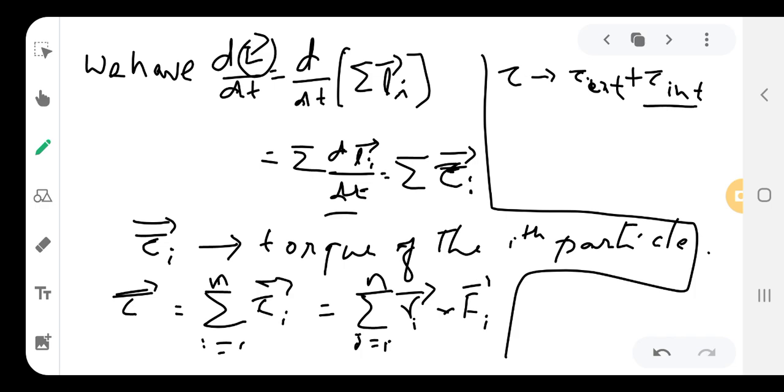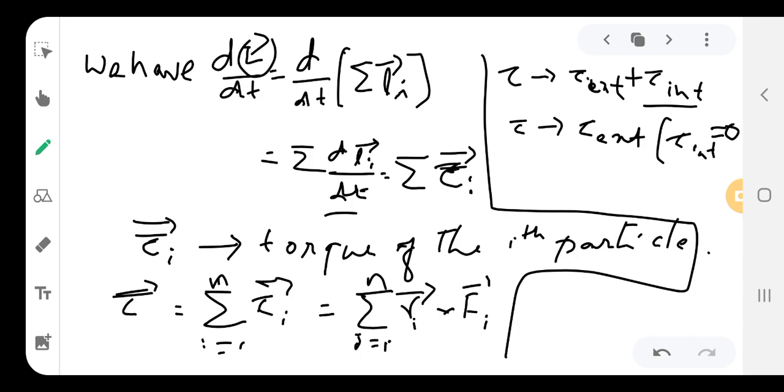The internal torque we take as 0, because the internal forces between particles cancel out; there we can apply Newton's third law. So the net torque is due to the external torque, since tau internal is equal to 0.